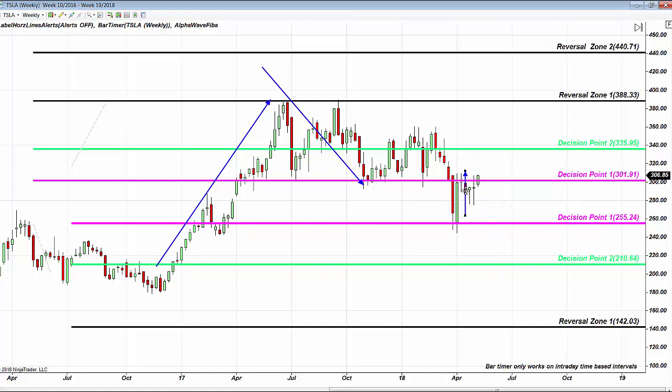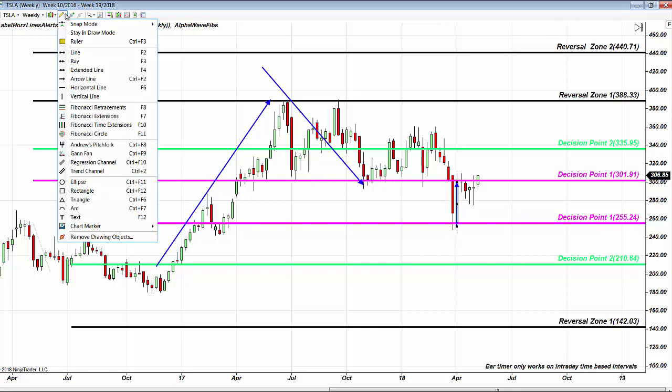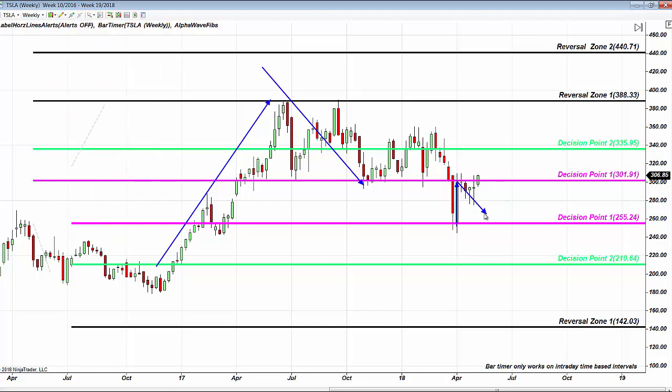This is wave 3 on Tesla. This is trend inception, counter trend move from the end of the minor trend. Wave 1. This is wave 2. You never want to touch wave 2. Wave 2 counter trend move. Wave 2 very weak structure.